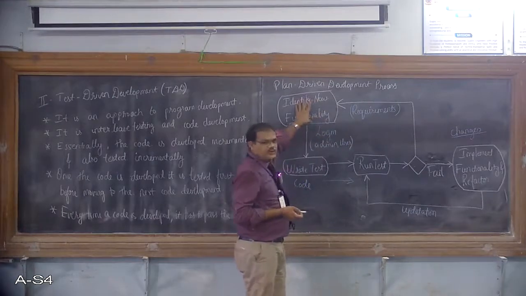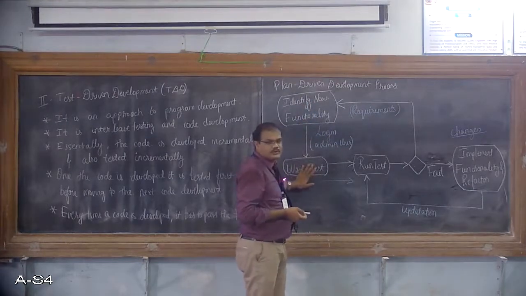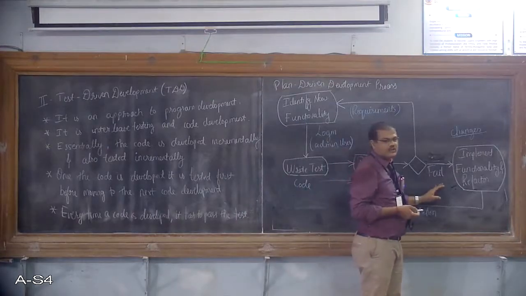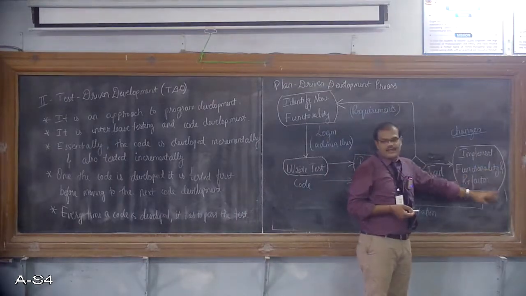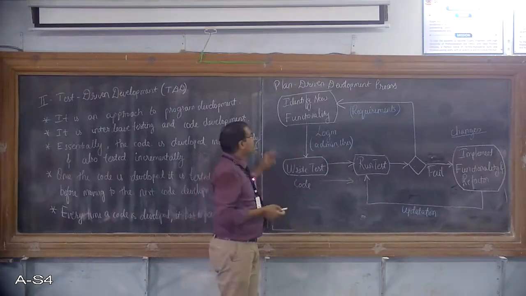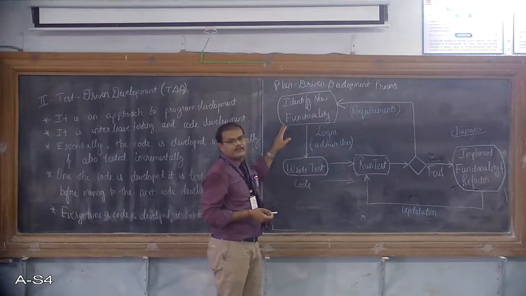Once I do this, again I will do some updates or write the code, run the test, and check whether it has passed or failed, and if required again do refactorization and so on. This is the entire process for plan driven development.